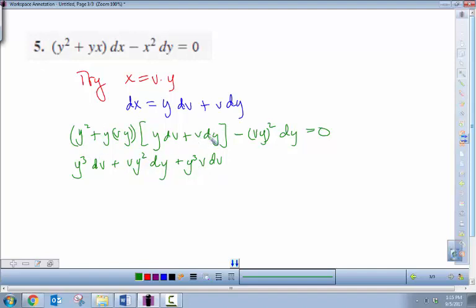FOIL. Y parentheses squared. Oh, wait, for the second: first, outside, y squared v dy. The second term on the first factor is y times vy. You're multiplying it by v dy, so there's two y's and two v's. It shouldn't just be v times y squared. It should be the whole thing, vy squared.